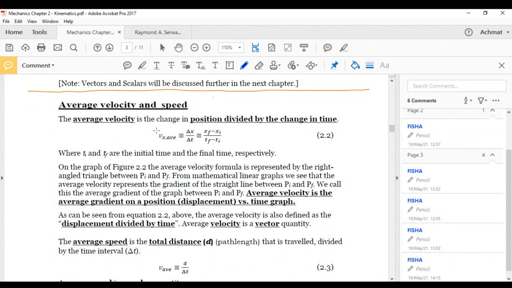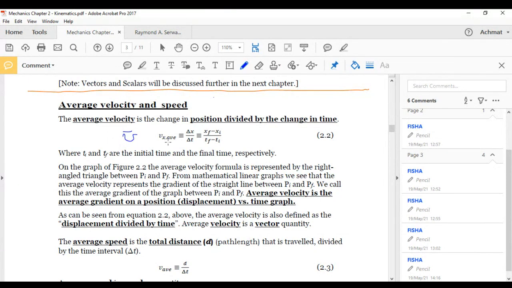That is just a notation that is being used. I remember when I was at school, I would have done it like this: V with a line on top of it, and that would also mean average velocity. I don't know if you people use that, but different people use different notations.